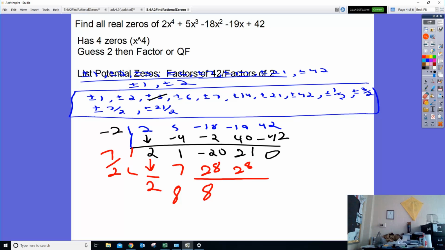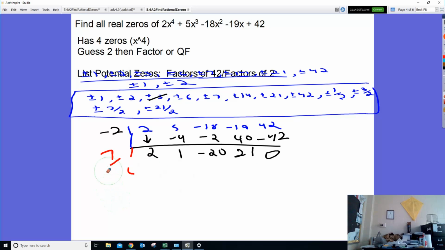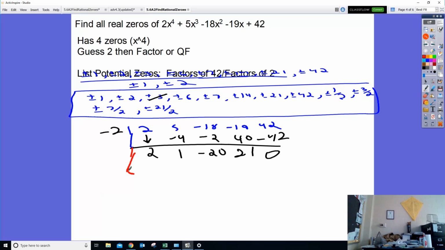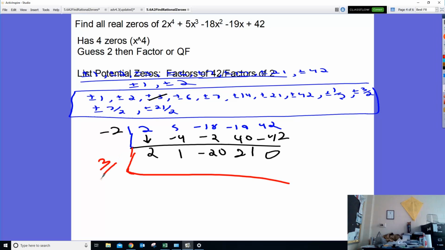So it could be 3/2. I'll try 3/2. Don't forget, you guys are thinking about your negativity as well. What's 3/2 times 2? 3. You add. What's 3/2 times 4? 6.